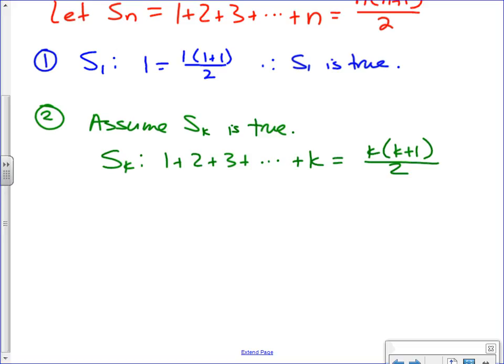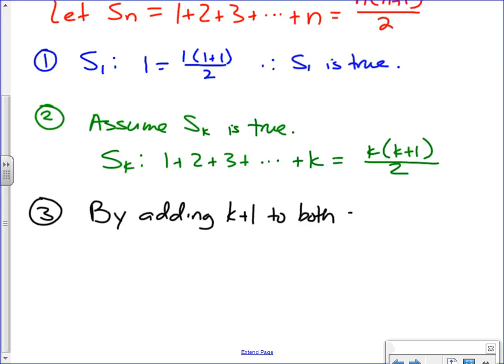Here's what I do. Here we go. Step 3. By adding k plus 1 to both sides, dot, dot, dot.